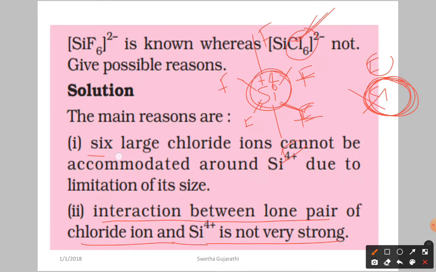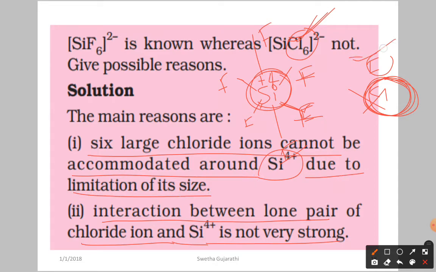Here you can see: 6 large chloride ions cannot be accommodated around silicon +4 due to the limitation of its size. Because of its small size it can accommodate 6 fluorine atoms, but because of the large size it cannot accommodate 6 chlorine atoms around it. Because of that reason, we don't have SiCl6 2-.